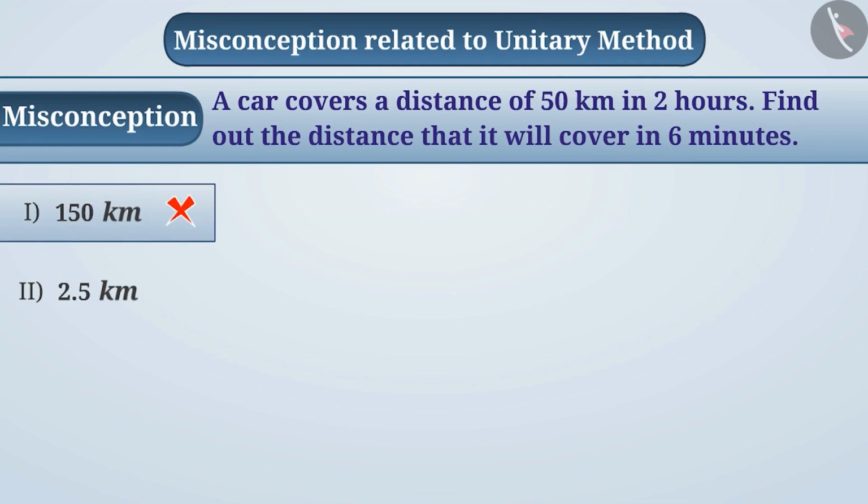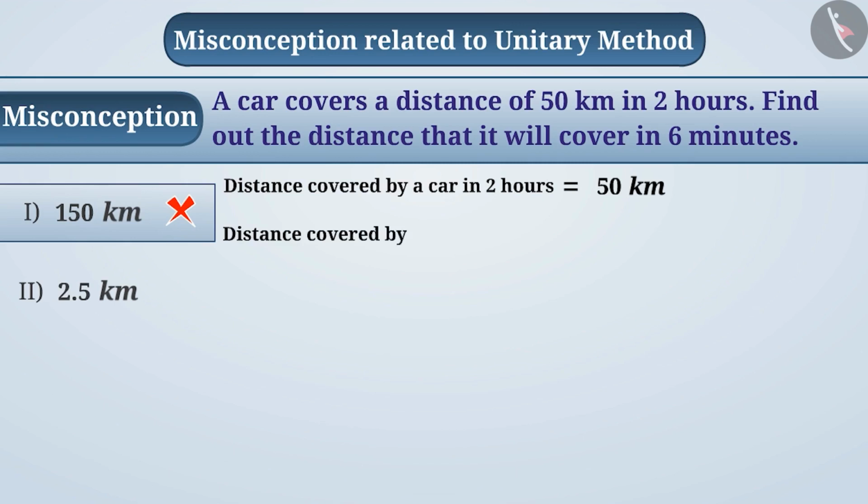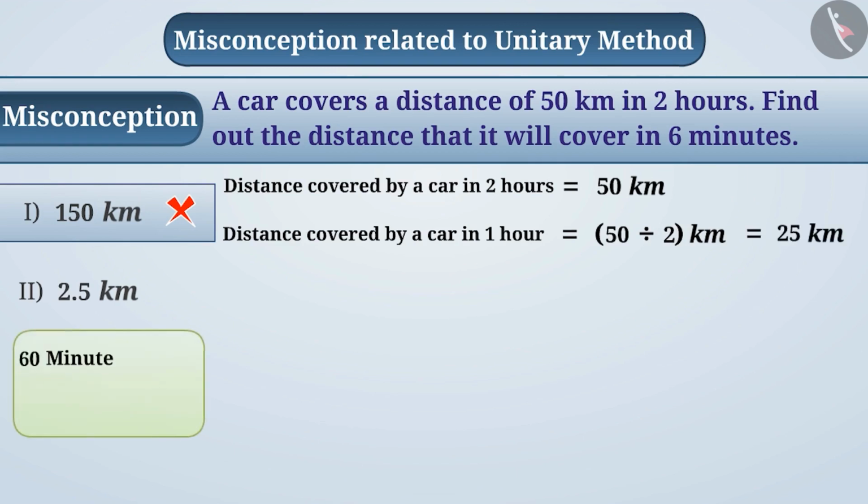To solve any question, it is a must to consider its units. Here, the distance covered by a car in 2 hours is equal to 50 kilometers. Thus, the distance covered by a car in 1 hour is 50 divided by 2, which is equal to 25 kilometers. Since 60 minutes is equal to 1 hour, therefore, 1 minute is equal to 1 by 60 hours.